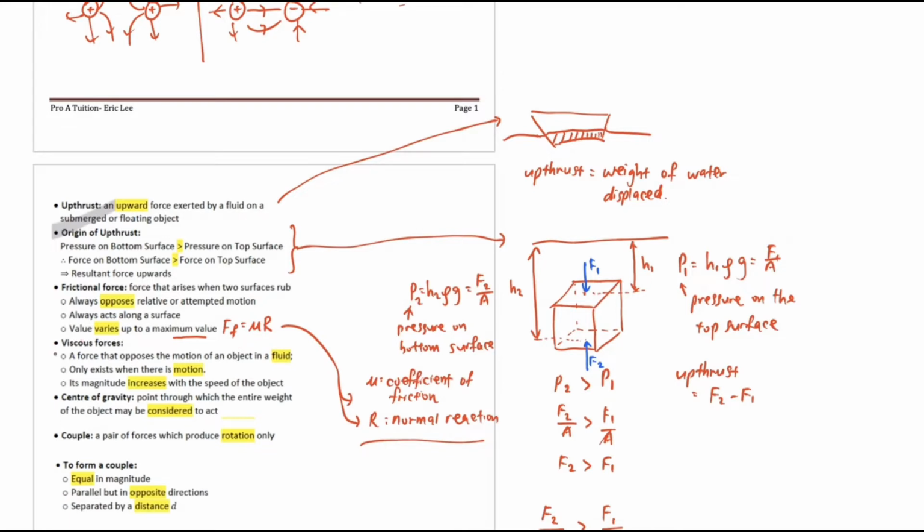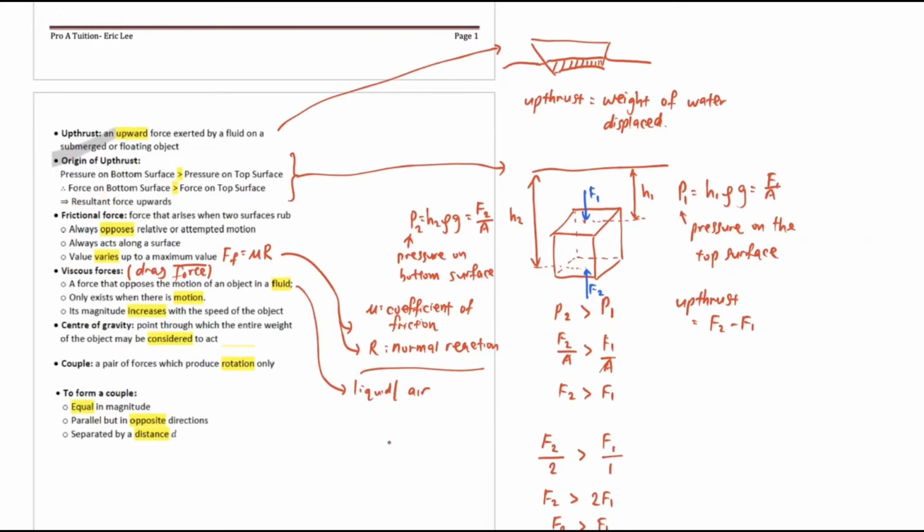Okay, so now let's move on to viscous force. Viscous force is also known as drag force. A force that opposes the motion of an object in a fluid. The fluid here means liquid or air. So for example, let's say we have a submarine.